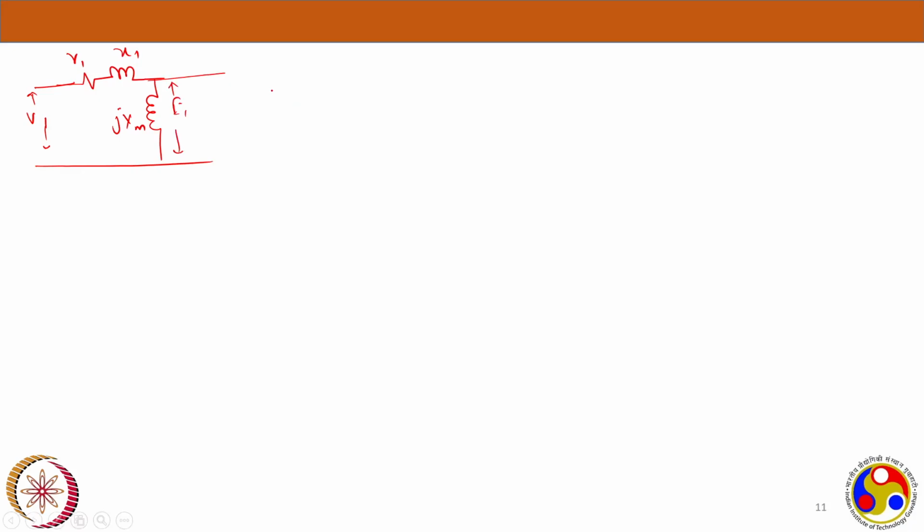Now, if you see our original secondary, we have an actual motor, that is SE2, having a reactance of SX2 and a resistance of R2, having a frequency of SF, drawing a current of I2. That is what is actual. This is the actual motor.